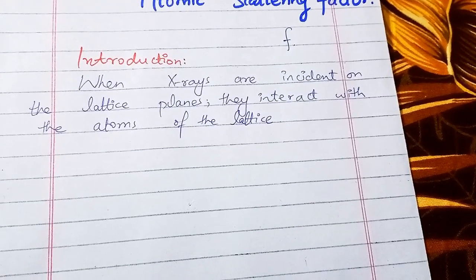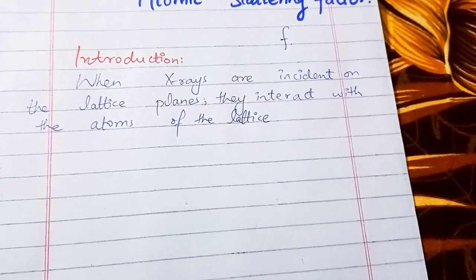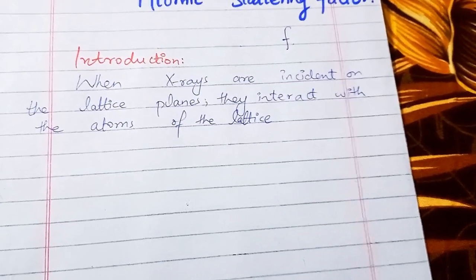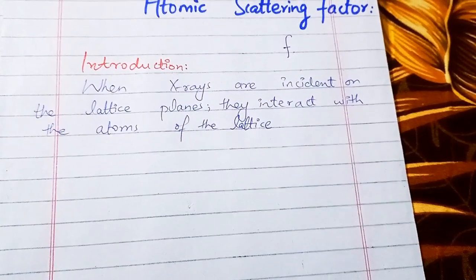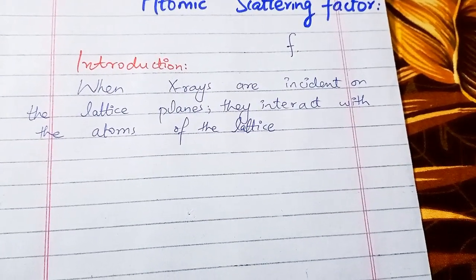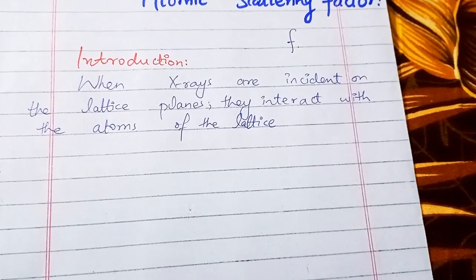They are scattered because they are interacting with something. And what is that something? What is the lattice made up of? It is made up of atoms. So X-rays are actually interacting with the atoms of the lattice, and those atoms are actually scattering the X-rays.